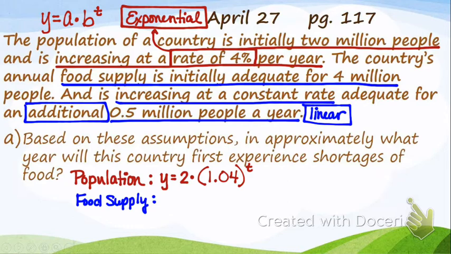Food supply. We said this was a linear function. How do we write linear functions? Y equals mx plus b.